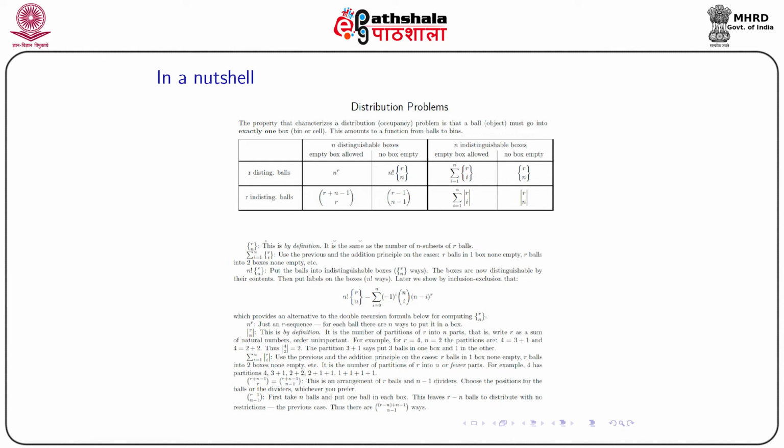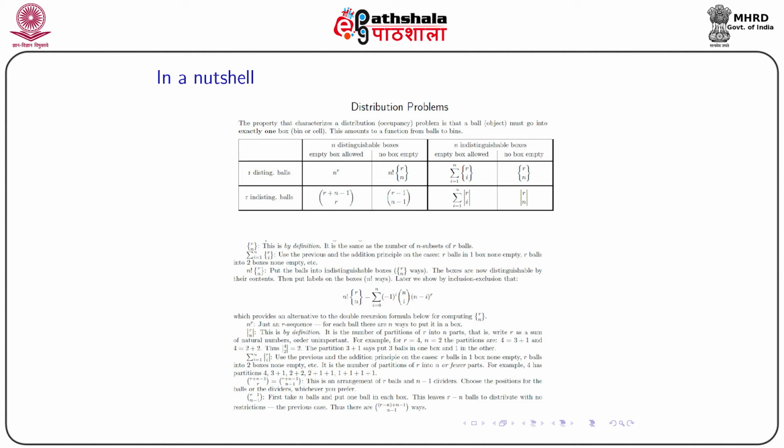If empty boxes are allowed, then the total number of possible cases will be the sum over i from 1 to n of r within braces i, that means i subsets of r balls, summed over all possible such partitions. Now if no box remains empty, then it will be once again within the braces r, n, the same as the number of n subsets of r balls.